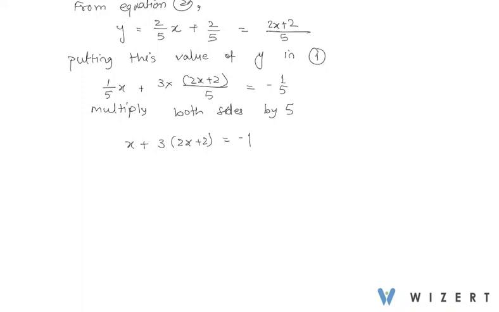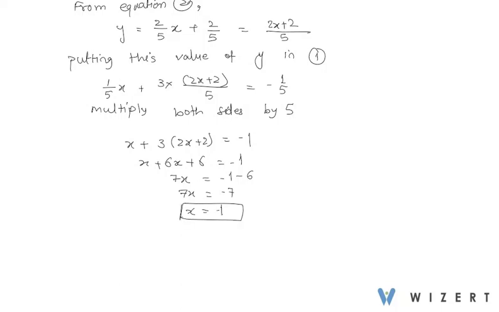So simplifying this, we get x plus 3 2s are 6x plus 6. Distributing this 3 over this bracket, we get this equal to minus 1. So we get 7x equal to minus 1 minus 6. So we get 7x equal to minus 7. So we get x equal to minus 1.